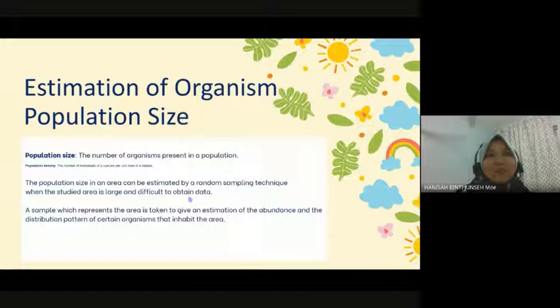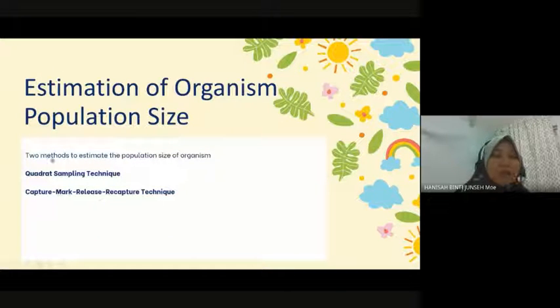Let's say kita ambil beberapa orang yang mewakili the voice or the opinion of the teenagers. Macam itulah. Itu maksudnya sampling. Alright. So we're going to take certain areas to represent the population size. That is why we call it estimation of organisms. Kita hanya buat anggaran. Alright.